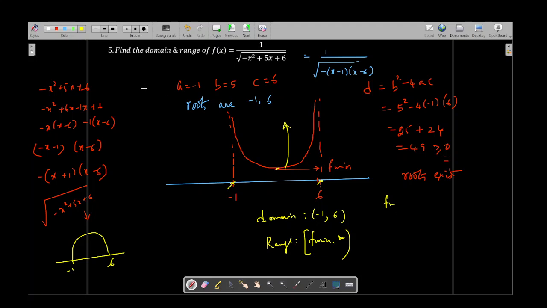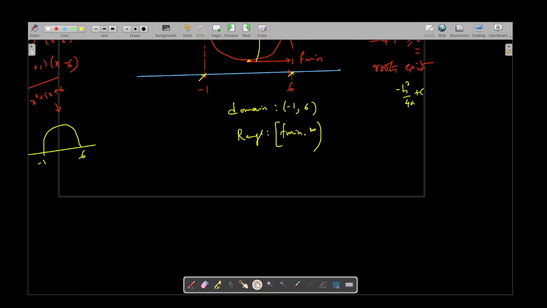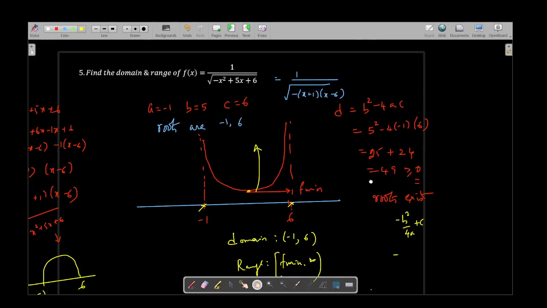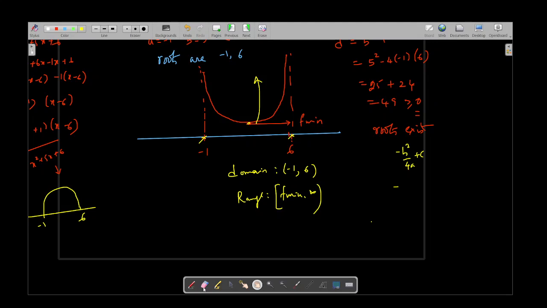Before finding f minimum, let me find only -b² by 4a + c. Here b is 5, a is -1, and c is 6, which is -25 by -4 + 6.